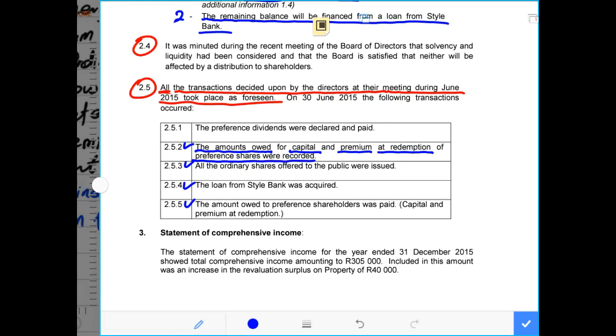So we are recording the entry for the redemption of preference shares, not for the payment. It means we are raising a liability here.